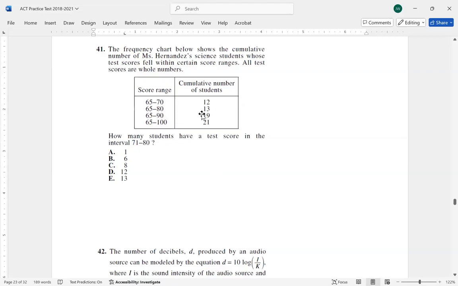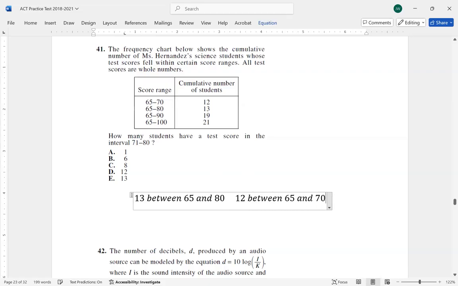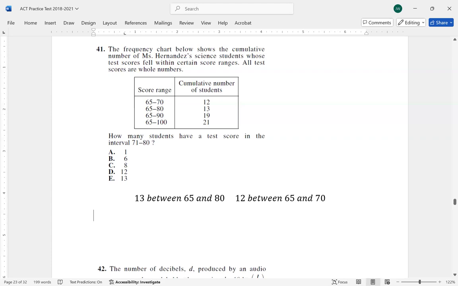So if there are 13 students between 65 and 80, and there are 12 students between 65 and 70, that means, well, of these 13, 12 of them had to be between 65 and 70, and therefore only one is between 71 and 80.